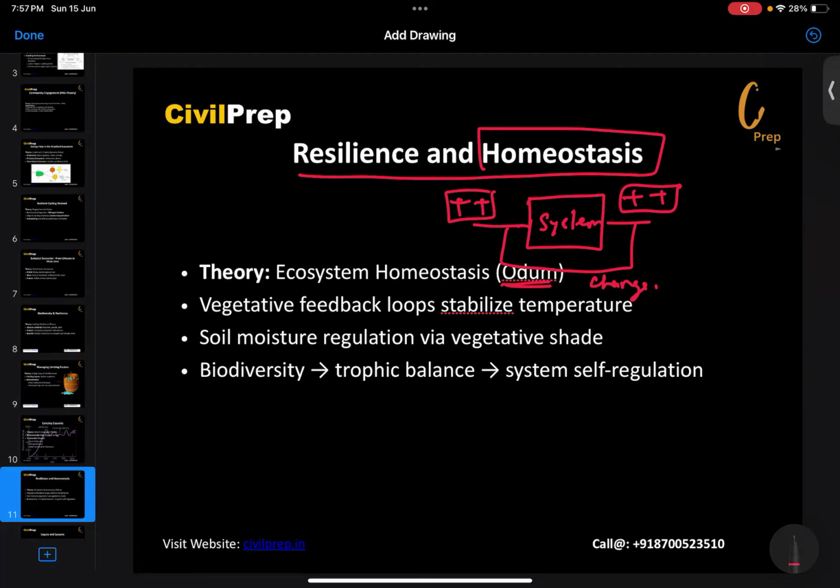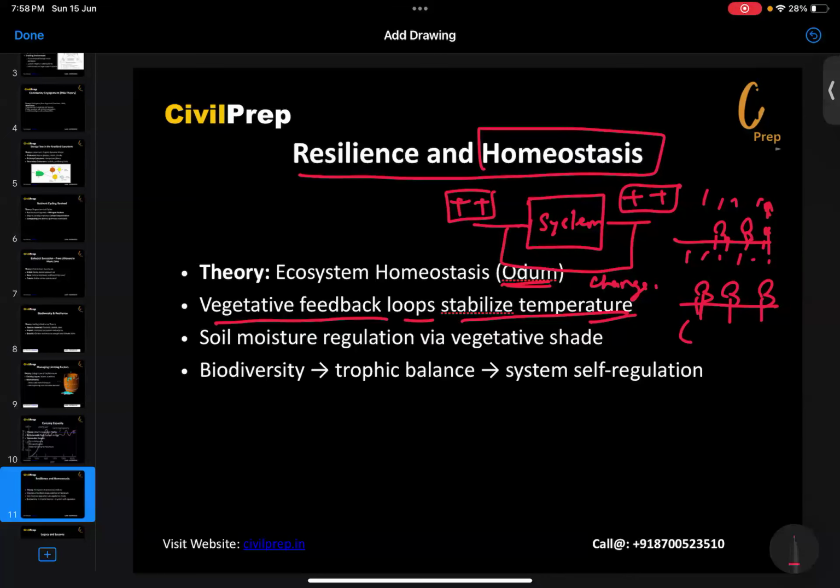Now, when we look at this particular aspect, we will see here that the vegetative feedback loop stabilizes the temperature. As we see, there is a barren land. Whatever rainfall takes place goes into the ground, but because of no vegetation in this region, all the water gets evaporated back into the atmosphere. But if there is the presence of certain vegetation, this vegetation will absorb the water and increase the greenery.